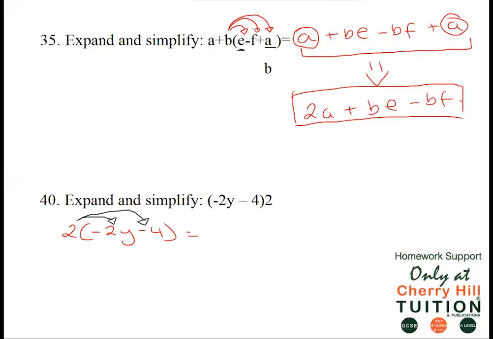Start with the numbers: 2 multiplied by minus 2 is minus 4, and then we have a y, and then 2 multiplied by minus 4 is also minus 8. So this is your answer. Okay, so quite straightforward.